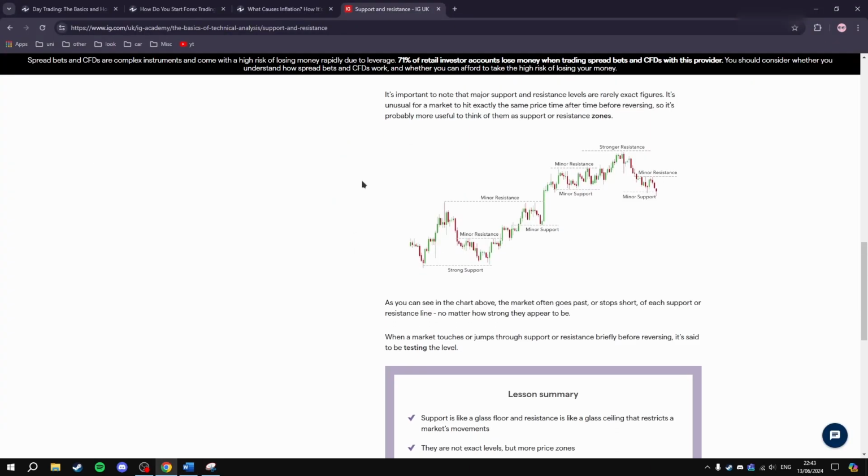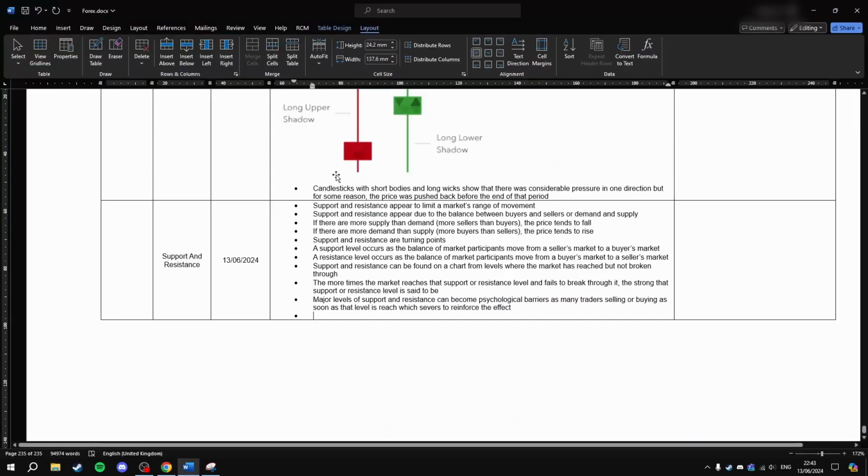It's important to note that major support and resistance levels are rarely exact figures.